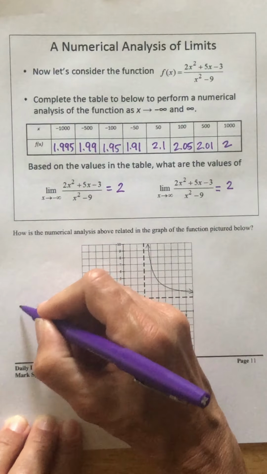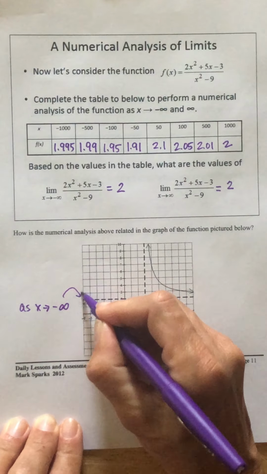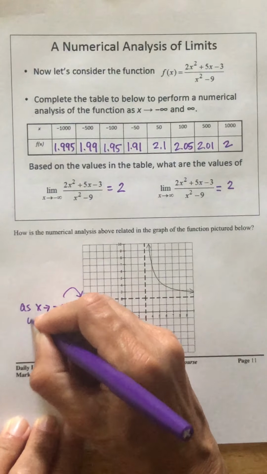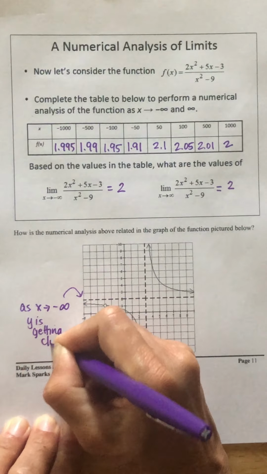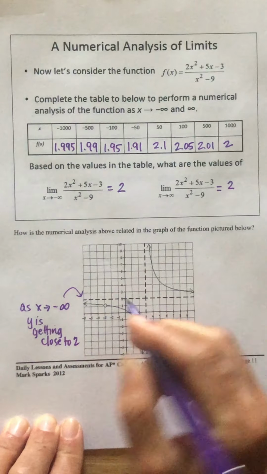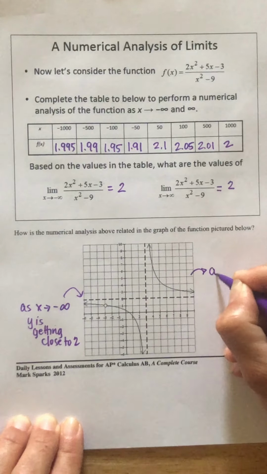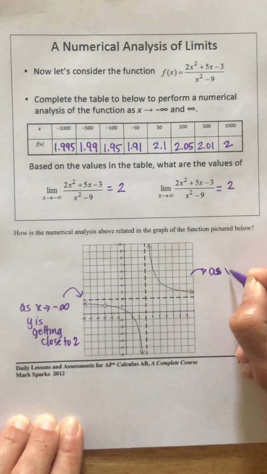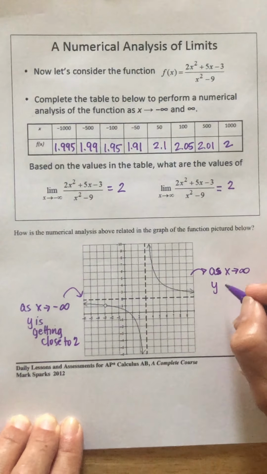Well, as you look, as x approaches negative infinity, which is what's going on here, y is getting close to 2. It's not going to hit it because there's an asymptote, but it's going to get really, really close. And on the flip side here, as x approaches positive infinity, y is getting close to 2 as well.